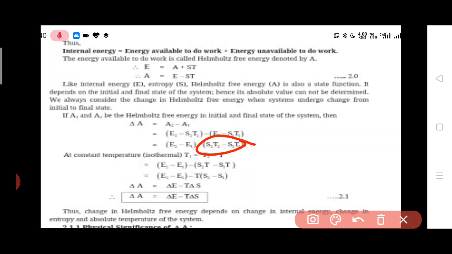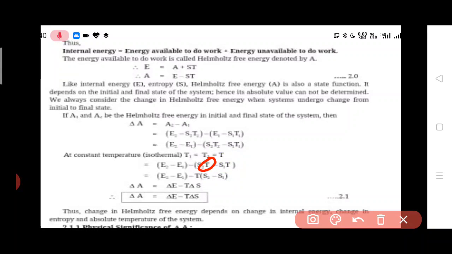and S2T2 minus S1T1, where T1 is equal to T2 is equal to T. So T2 and T1 can be written as only T because they are equal.